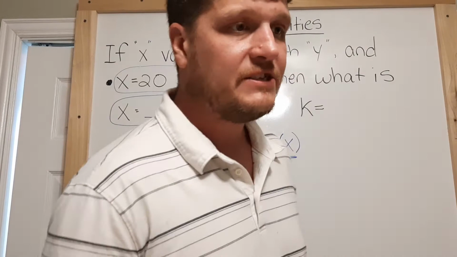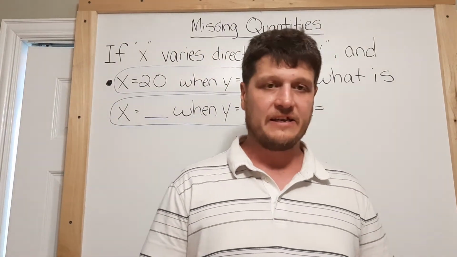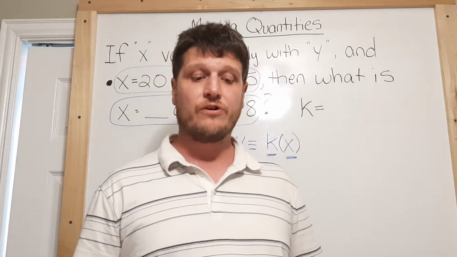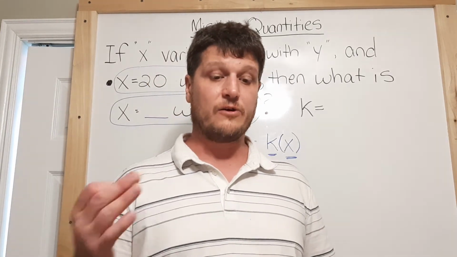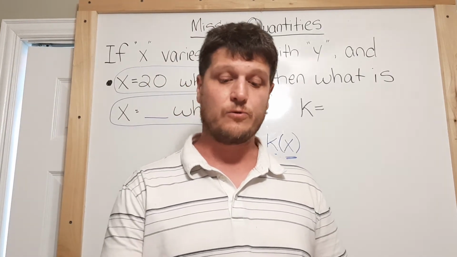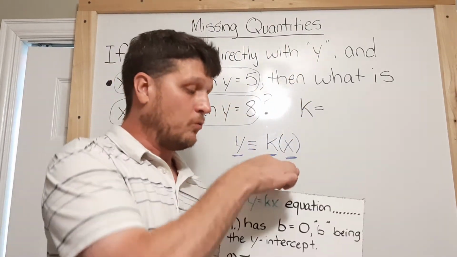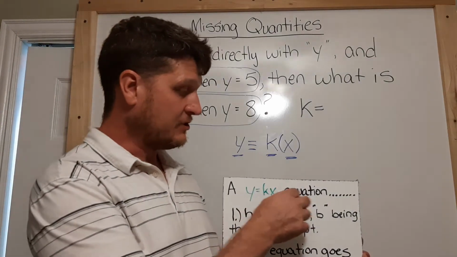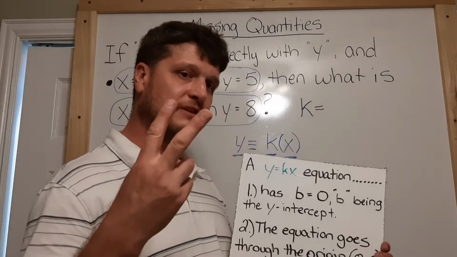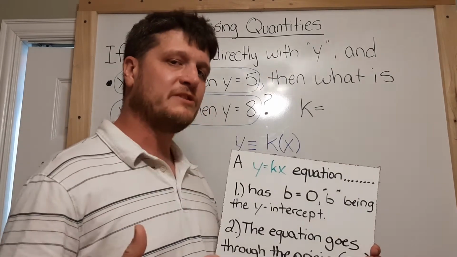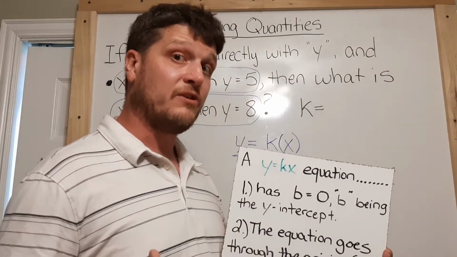Now, I wanted to set the parameters and some of the conditions that have to take place in order for an equation to be considered an equation of direct variation. When you have a y equals kx equation, there are 2 things that must be met, or it won't be considered an equation using direct variation.